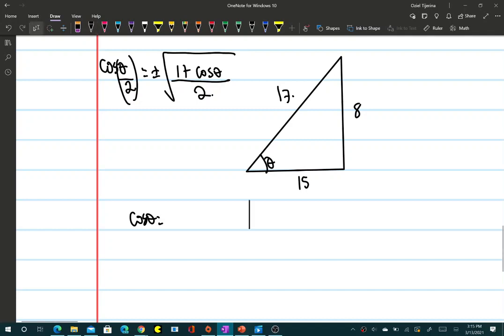Okay, so we would say cosine of theta, because we want to first know what cosine theta is, since it's asking us here what is cosine of theta. And so we would say that cosine theta is adjacent over hypotenuse.